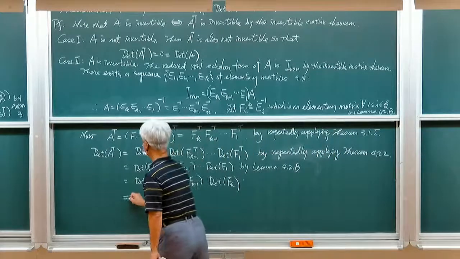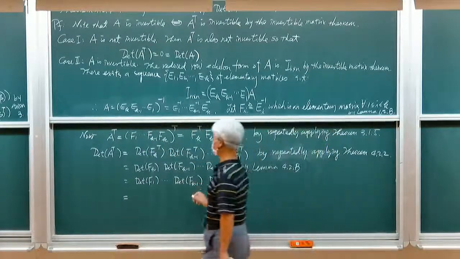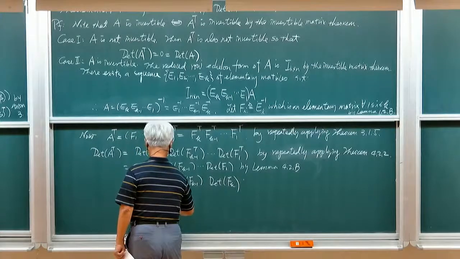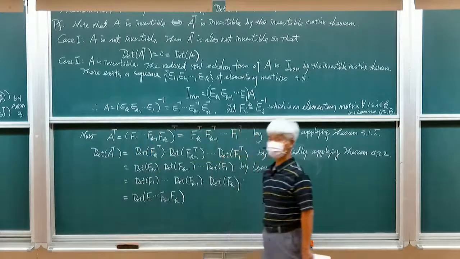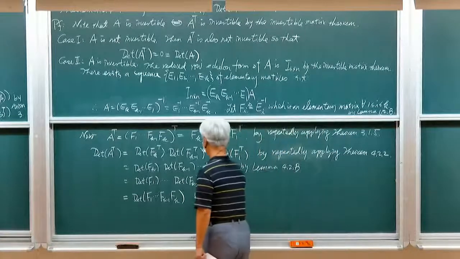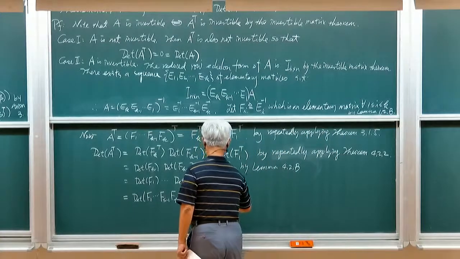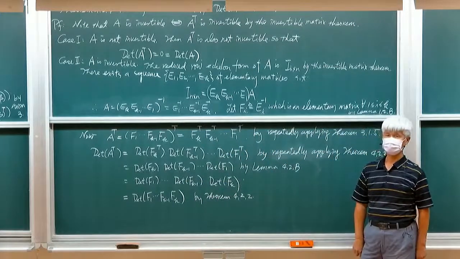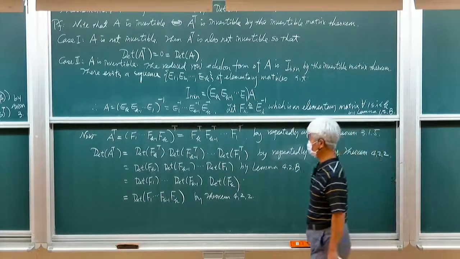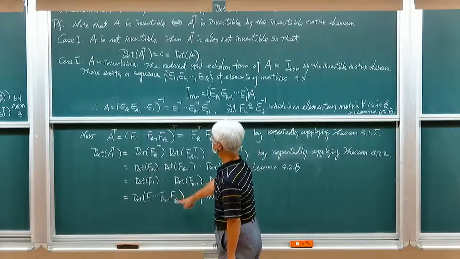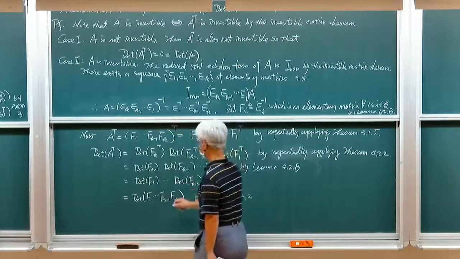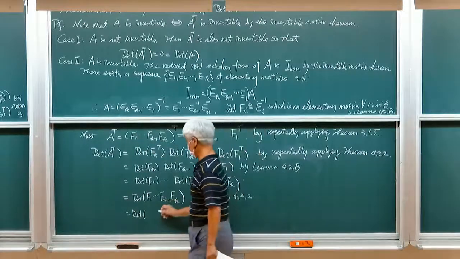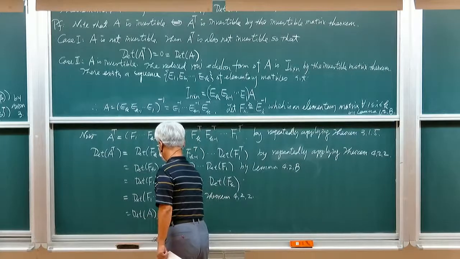And apply the product formula again. This product of determinants actually is the determinant of the product of matrices, by the product formula 4.2.2 again. And what is this? The product of these matrices is A already, and then we have done.